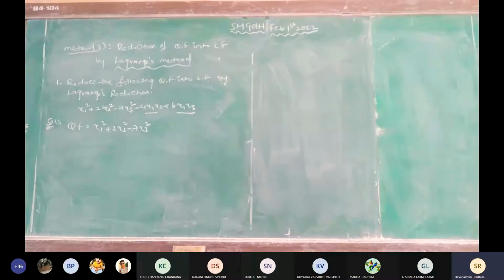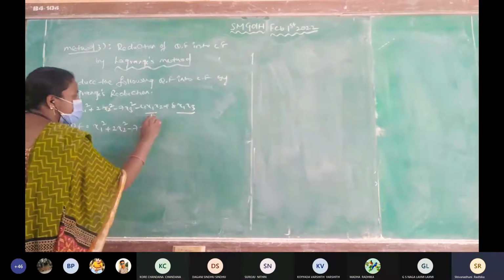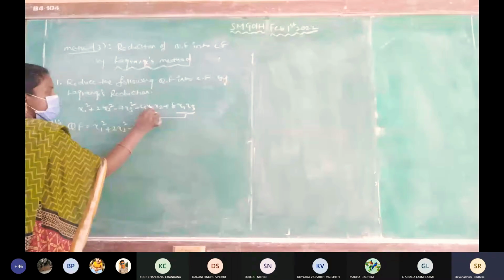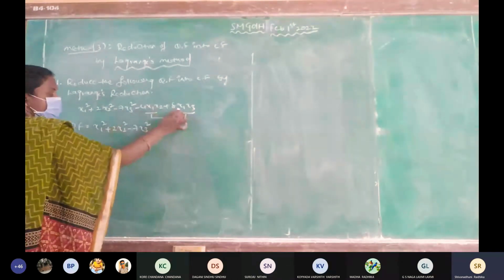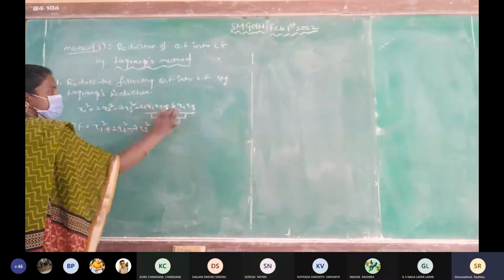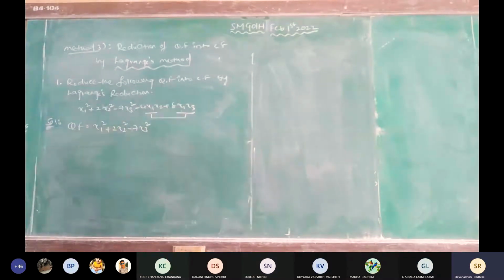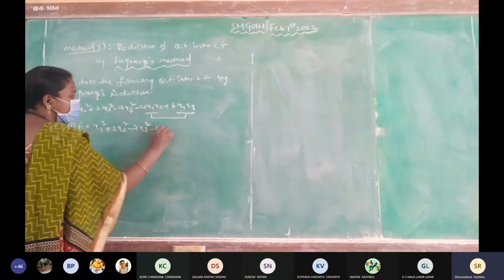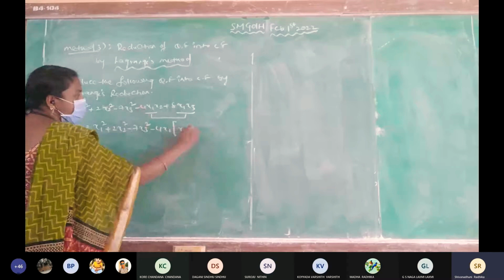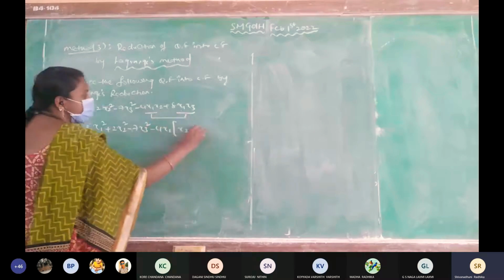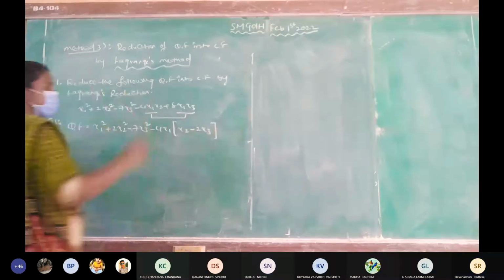I am selecting these two product terms, minus 4x1x2 plus 8x1x3. Among these two, 4x1 is common. It is possible to take minus 4x1 common. So what we have here is x2 and, with minus 4x1 common, 2x3.